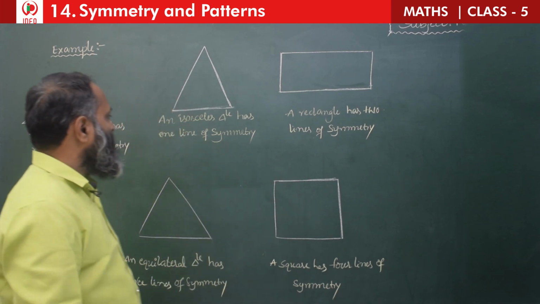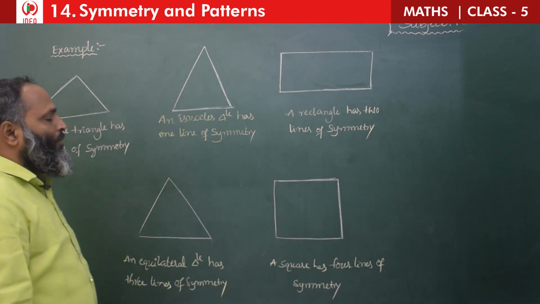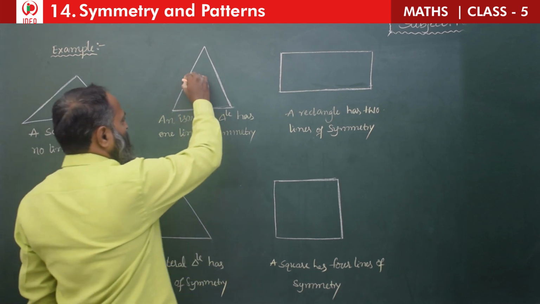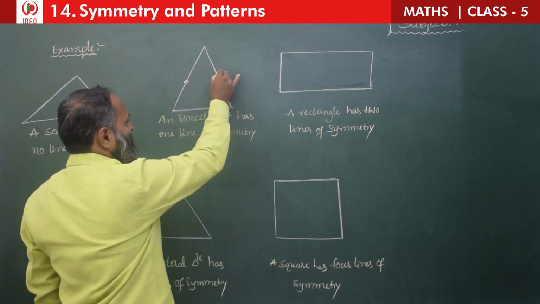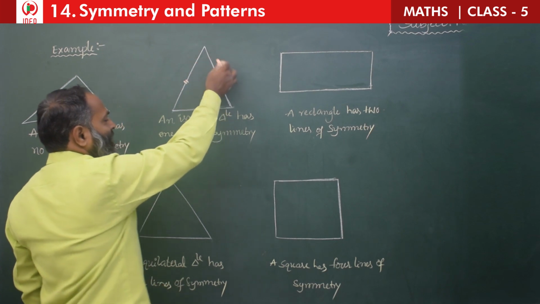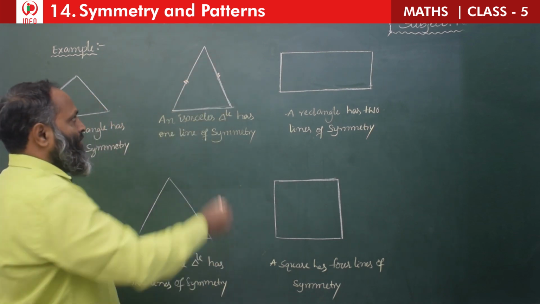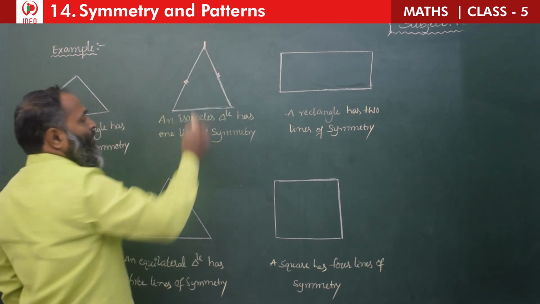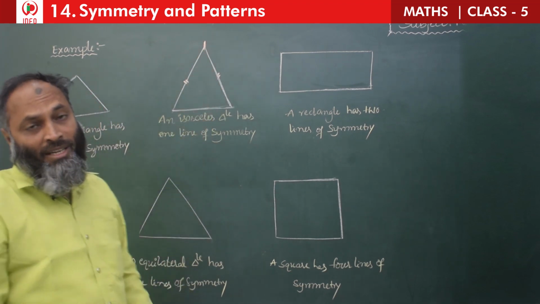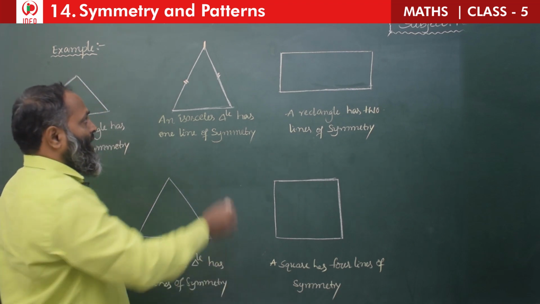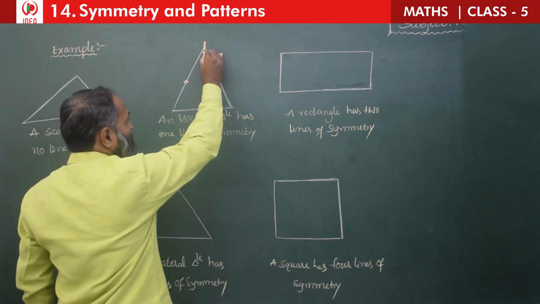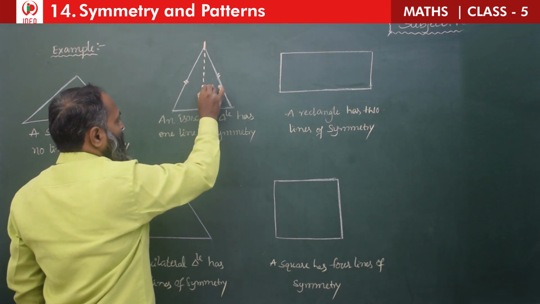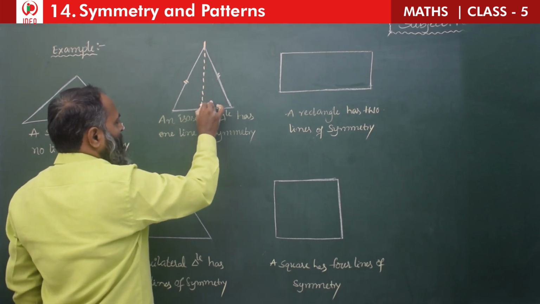Now the isosceles triangle: if any two sides of a triangle are the same, then it is an isosceles triangle. Here these two sides are equal. From the vertex where the two equal sides meet, we should draw a vertical line, a perpendicular to the opposite side. That divides the isosceles triangle into two equal halves.